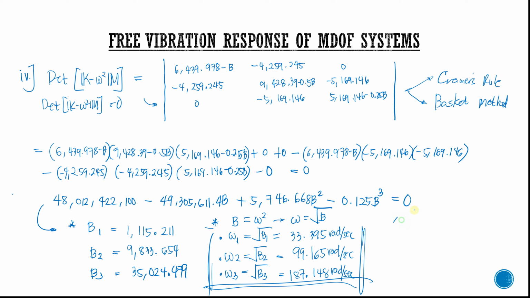Next, our time period. If you remember, T is equal to 2 pi over the omega. So since there are three omega, therefore we also have three time periods. So the first one, we have 2 pi over omega 1, that is equal to 0.188 seconds.